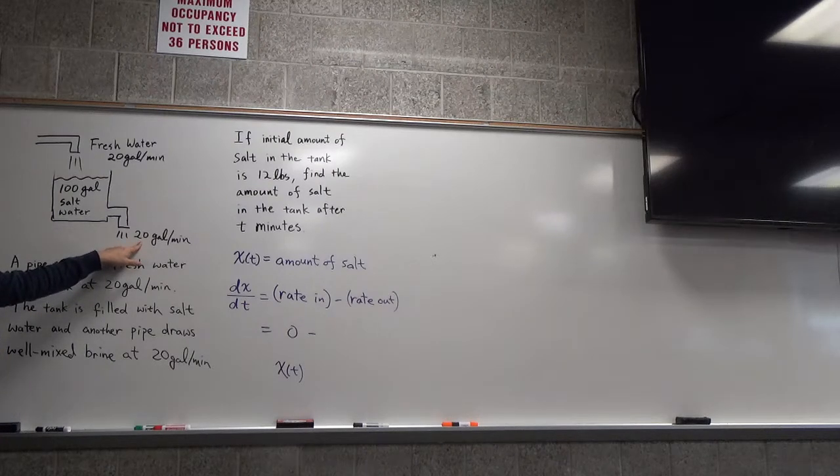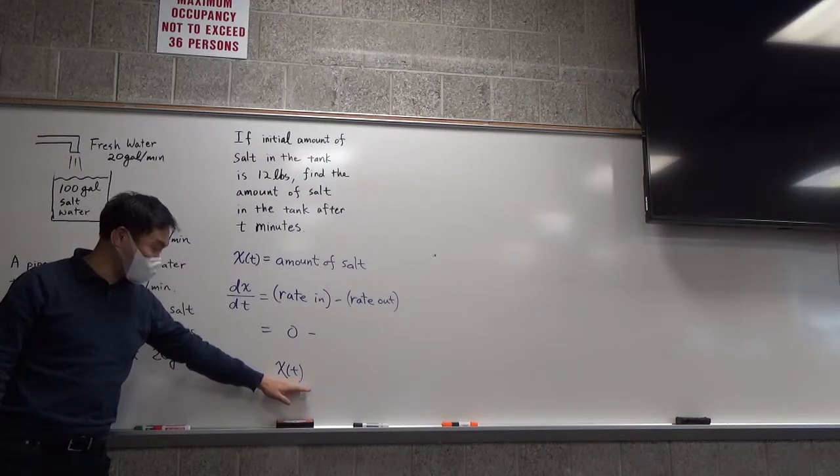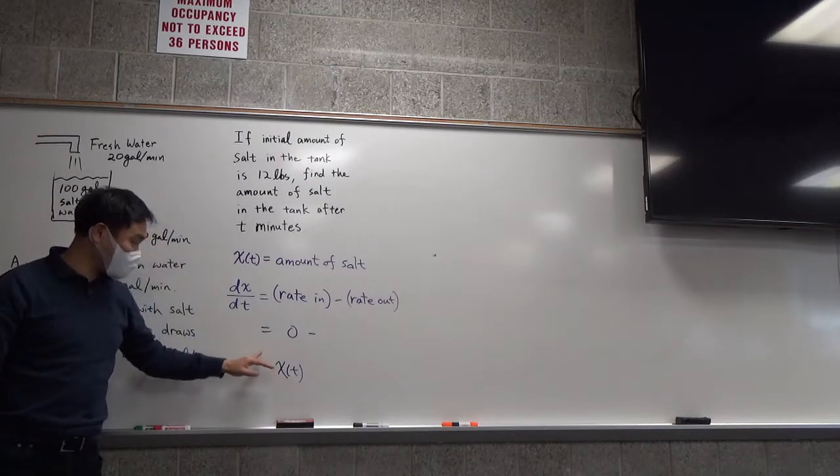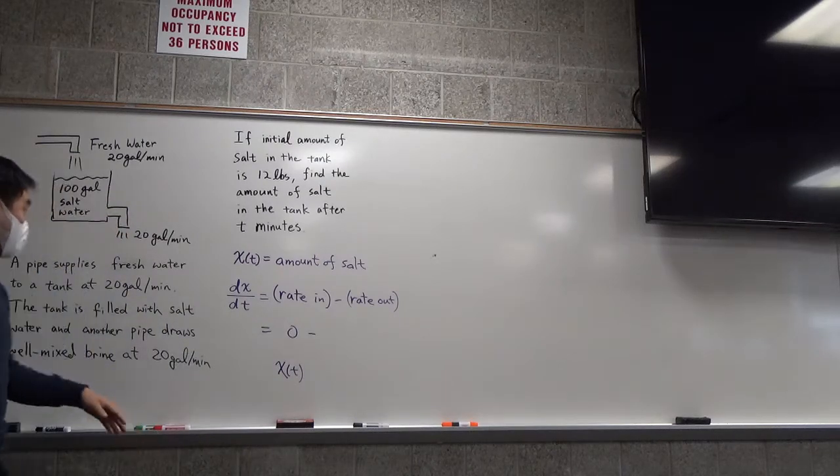Would that be like a fifth of the salt? It would be a fifth of the salt, right? You would say that because 20 is 1/5 of 100, if x of t is the entire salt in the water, then you'll be getting 1/5 of the x of t leaving the water, right?